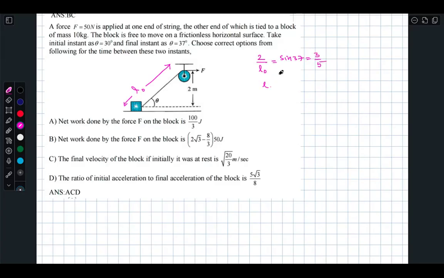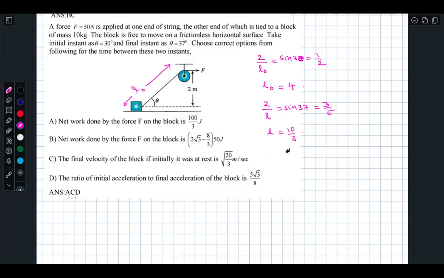Initially 30 degrees, so 1 by 2. L naught is 4. Later on, at an instant, it is L when it is sin 37, which is nothing but 3 by 5. L is 10 by 3.